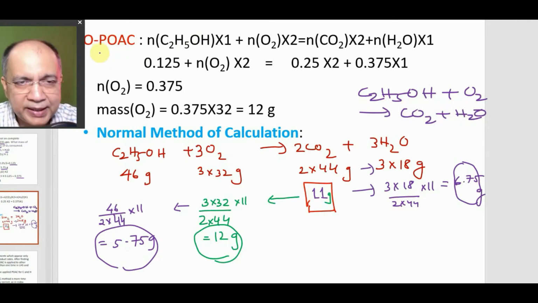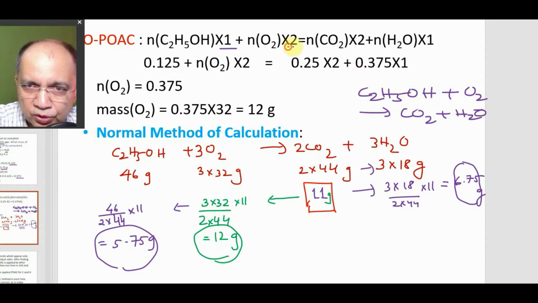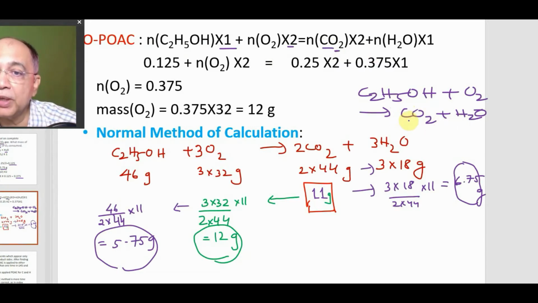So to apply POAC to oxygen, it is the number of moles of ethanol into 1, number of moles of oxygen into 2, and on the right side number of moles of carbon dioxide into 2, into 1, number of moles of carbon dioxide into 1. Here I have made a mistake, I'm so sorry.